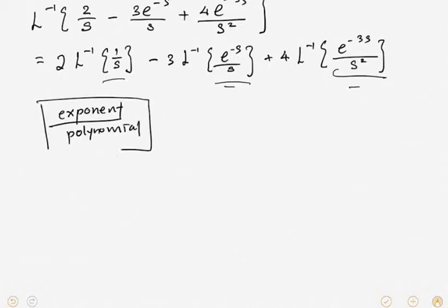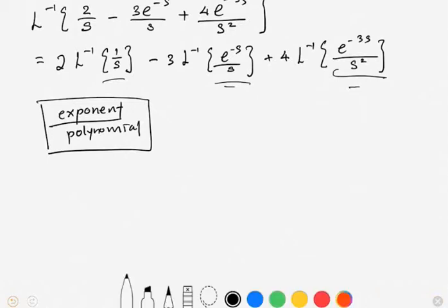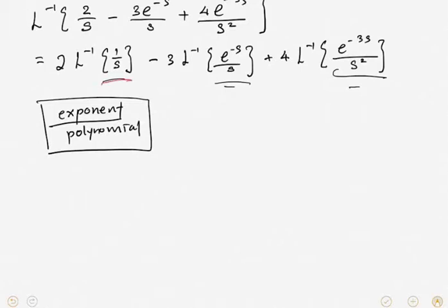In order to use the second shift theorem, you need to make sure that the expression is in the form of exponential over polynomial. If you look at this one, it is not an exponential, so you cannot use the second shift theorem.